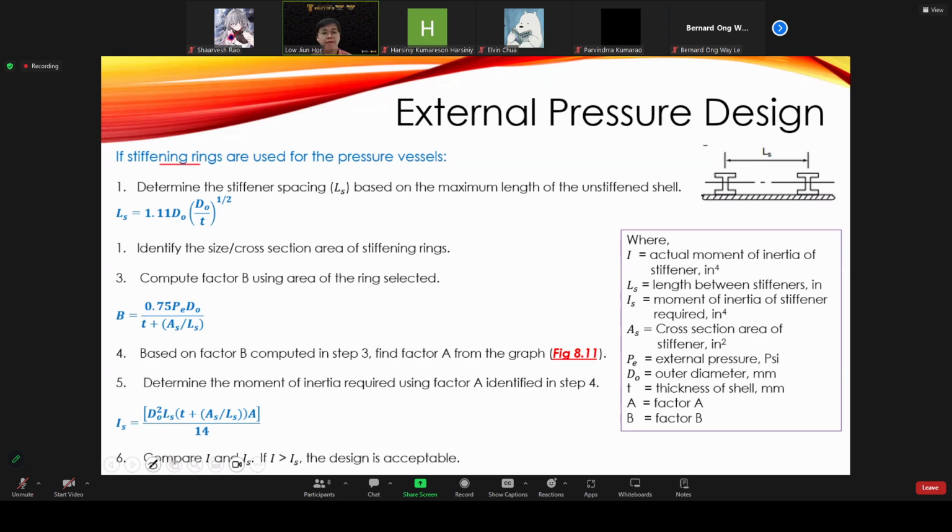This one, we can only apply the equation if we reinforce the outer surface by using the stiffening ring. Now LS is provided, so this step we don't need, because LS is already provided. Then we can proceed to this one: calculate B and then calculate our IS.